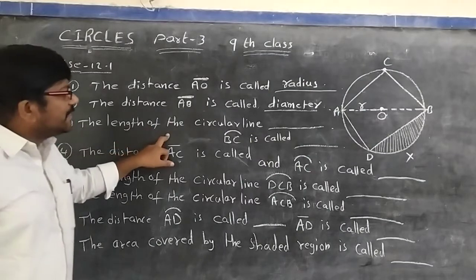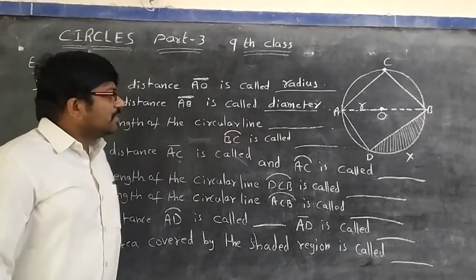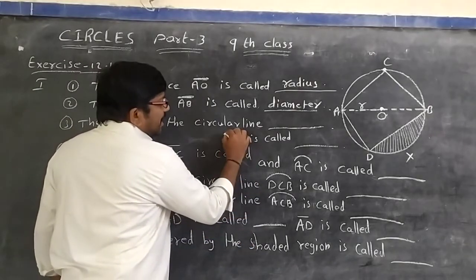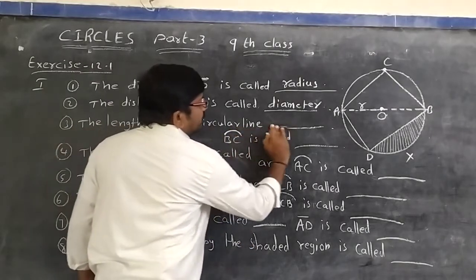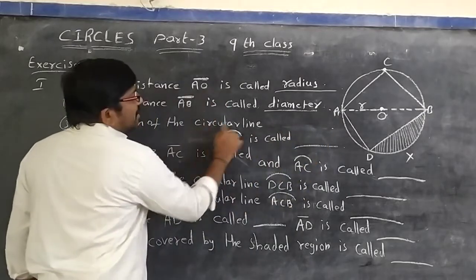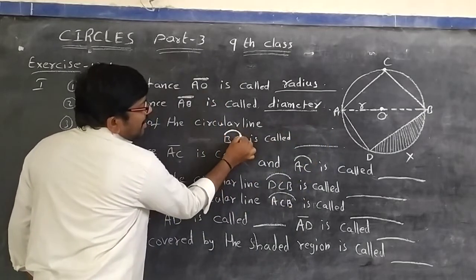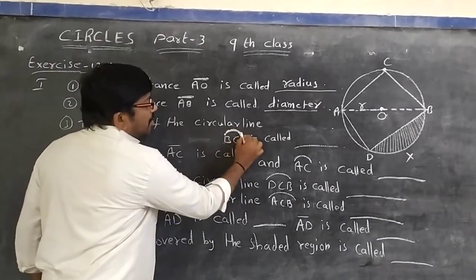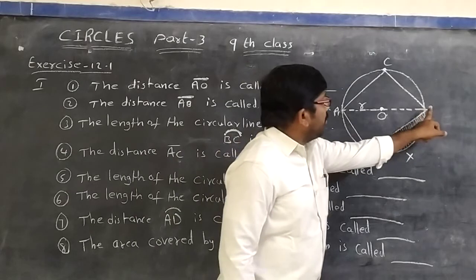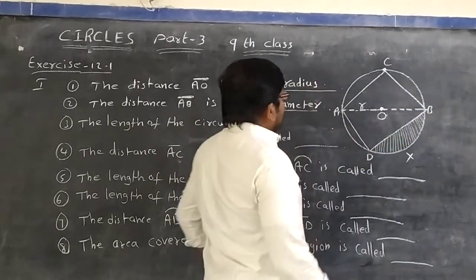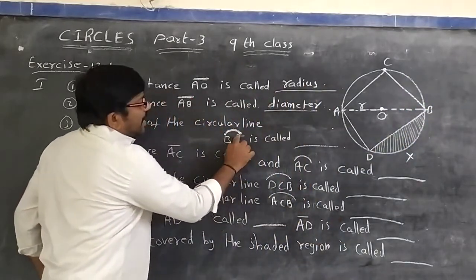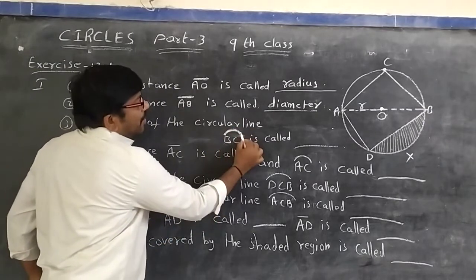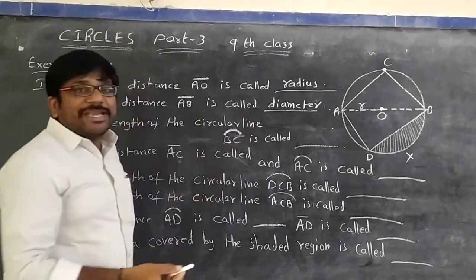Go for the third bit. The length of the circular line BC, see, it is an arc. The length of a circular line represents an arc. Observe carefully, it is not a line segment. It is a curved line, so it represents an arc.